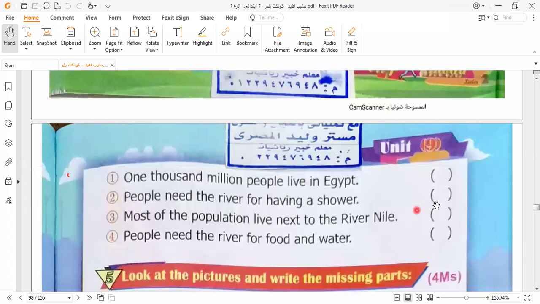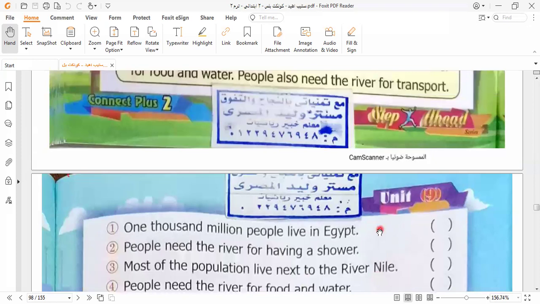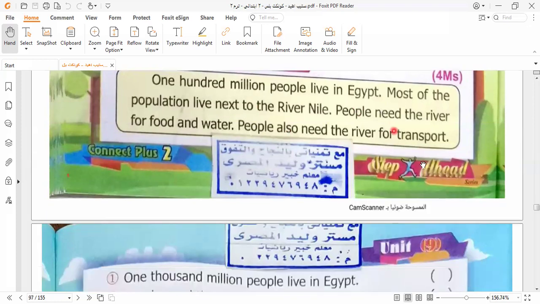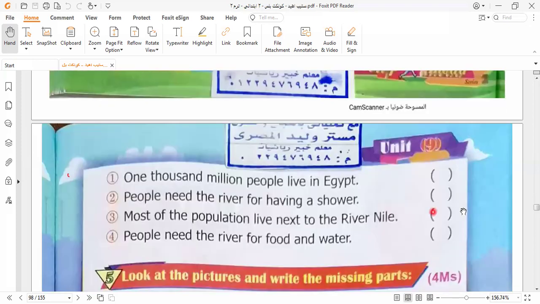Okay, we try. Most of the population live next to the river Nile. Most of the people, the majority of people, live next to the river Nile. Yes, next to the river Nile. This sentence is right.